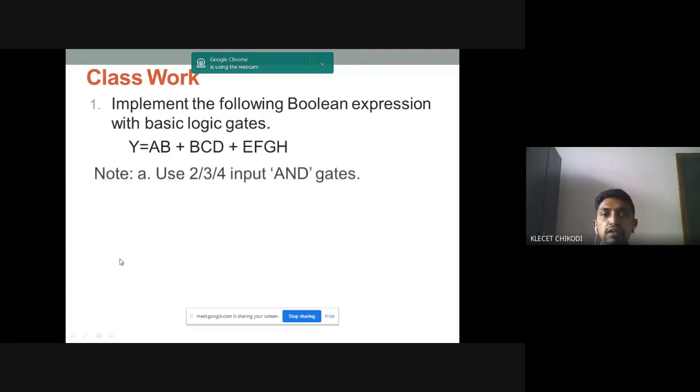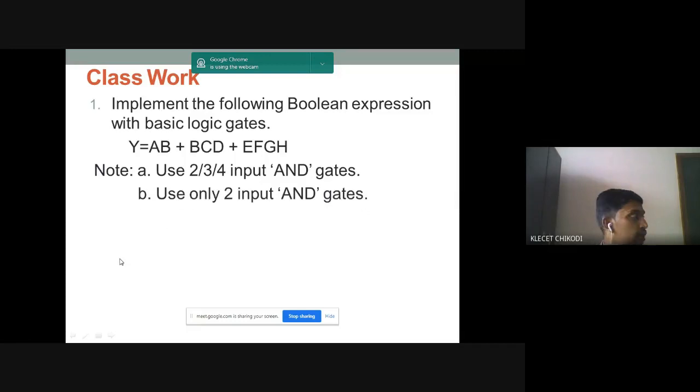You can see here, you can note. You can use 2 or 3 or 4 input AND gates here. We don't have any restriction for using the AND gate. For one AND gate, you can give 3 inputs. For one AND gate, you can give 4 inputs. So the first question here is, we have no restriction on the input variables for the AND gate.